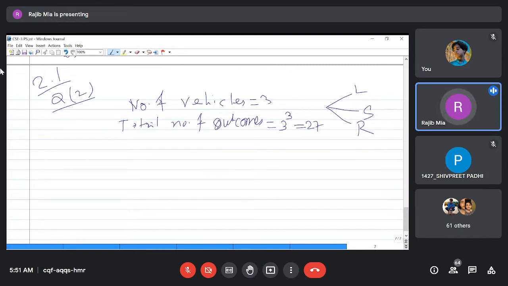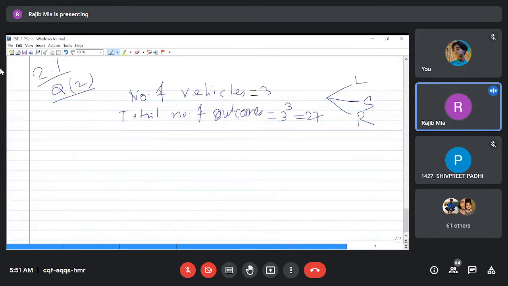Now if you want to draw the tree diagram for this, for the first vehicle there are three possibilities: left, straight, or right. This is for the first vehicle. For the second also there are three possibilities: left, straight, or right.